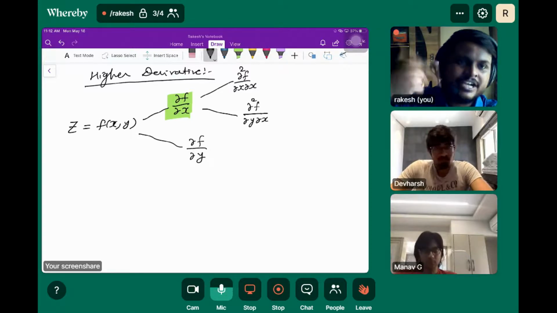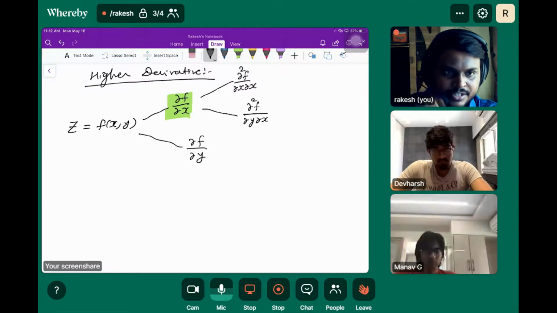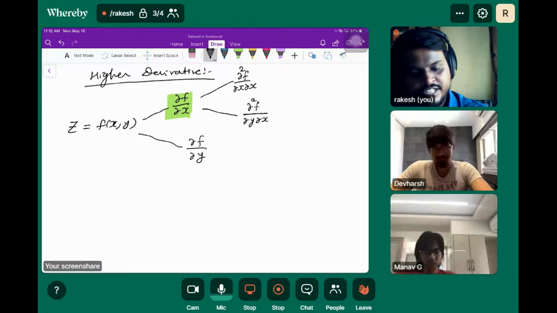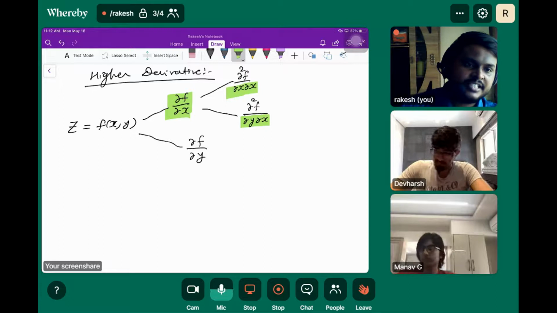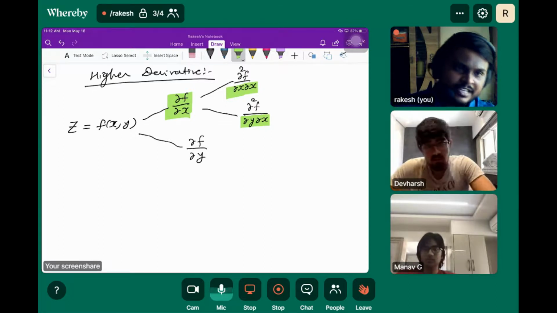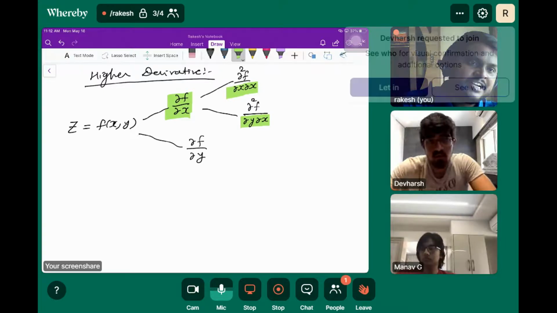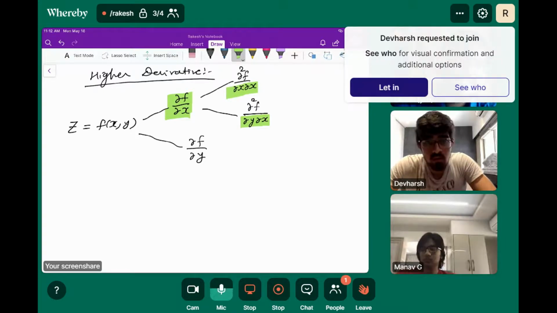Because this is the second order derivative. That 2 signifies it is the second order derivative, right? So is it clear that the denominator part, we write del y first and then del x? It shows that we have differentiated the function with respect to x.